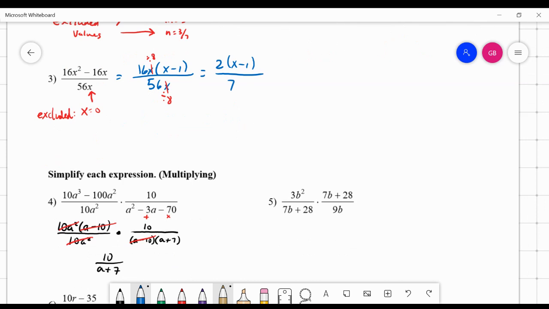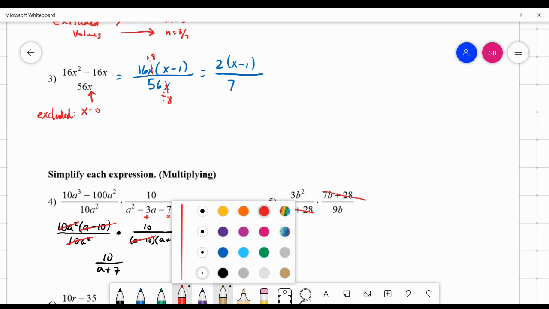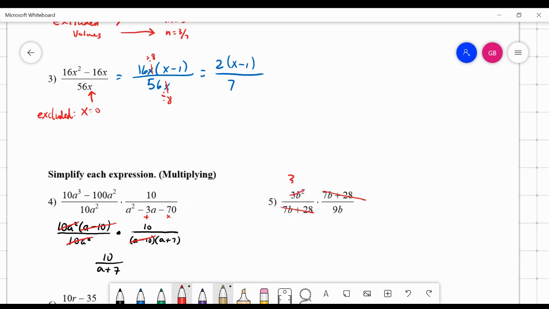Let's see, number 5, simplify the expression. So let's go ahead and factor. Okay, first thing we could see, 7b plus 28. You could just go ahead and cross those out. It's the same thing on top and bottom. Okay. And then 3b squared, remember, is the same thing as 3bb.